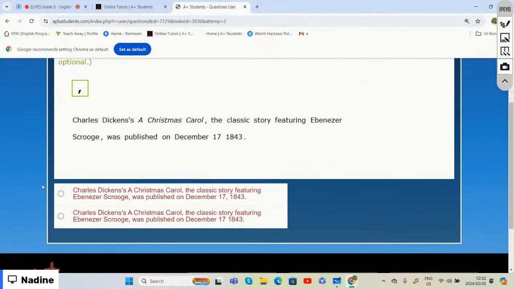Is it option 1 or option 2? Which one is correct? If you look at option 1 and option 2, you'll be able to see the differences of where a comma was added. So option 1, do we add a comma after the day of that date, or option 2, no comma? So which one is correct?